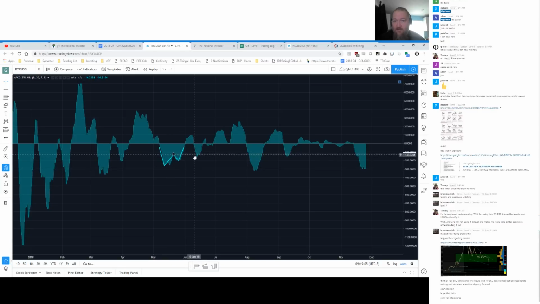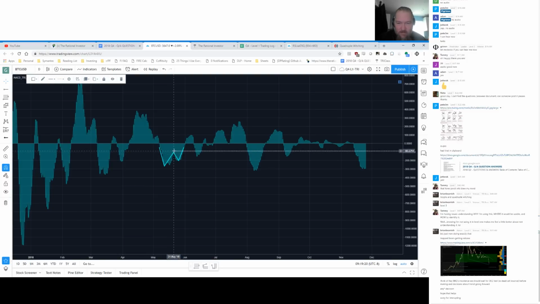When we get a close that has it crossing this level, that's a confirmed W. I drew this a little bit sloppy, I apologize. It's really at that level. So that W is confirmed when we cross negative 101.8110.